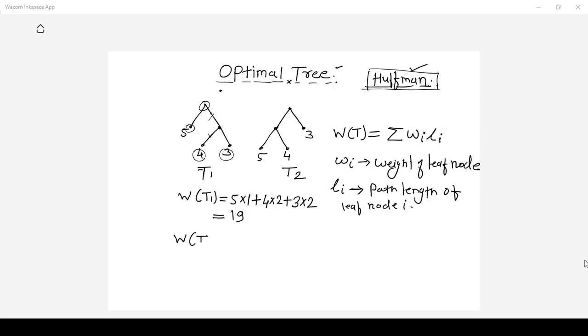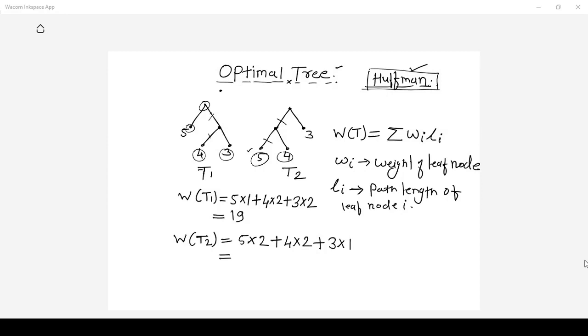Similarly, the weight of tree T2 is equal to the first leaf node whose weight is 5. So Wi becomes 5 into the path length of the leaf node. The path length of the leaf node whose weight is 5 becomes 2, as there are two edges from the root node till that leaf node. Hence path length becomes 2, plus the second weight 4 into its path length, that is 2, plus the third weight 3 into its path length, which is 1.